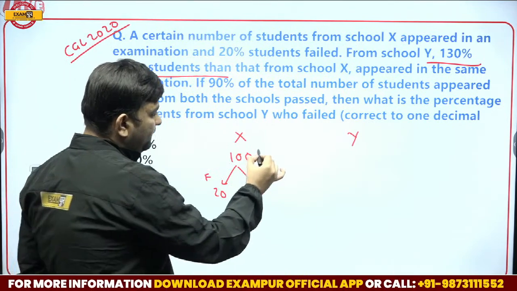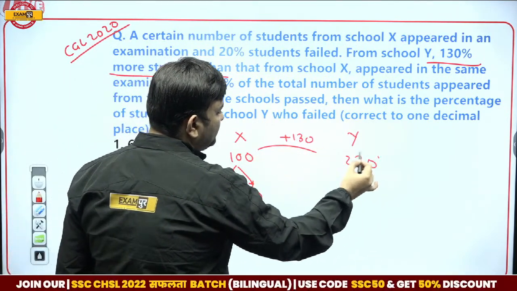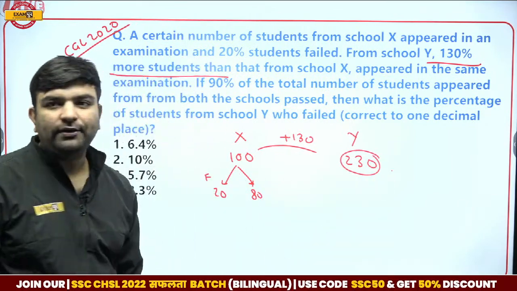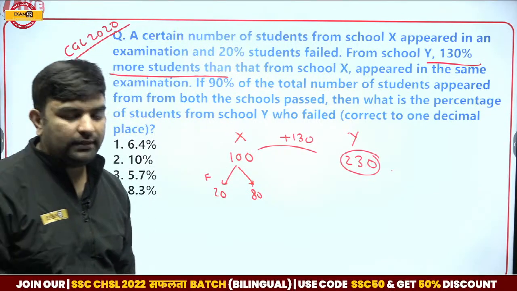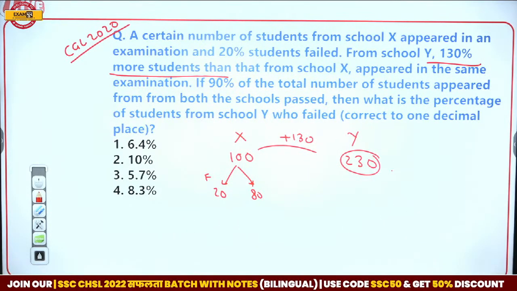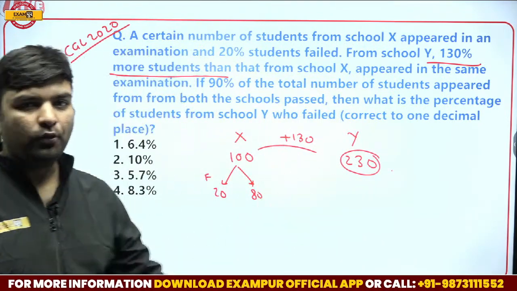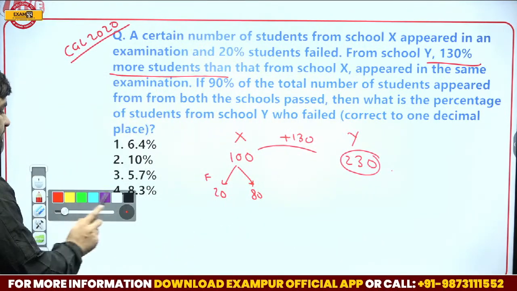It's 130 more. So from school Y, 230 appear, not 130. Error zone.